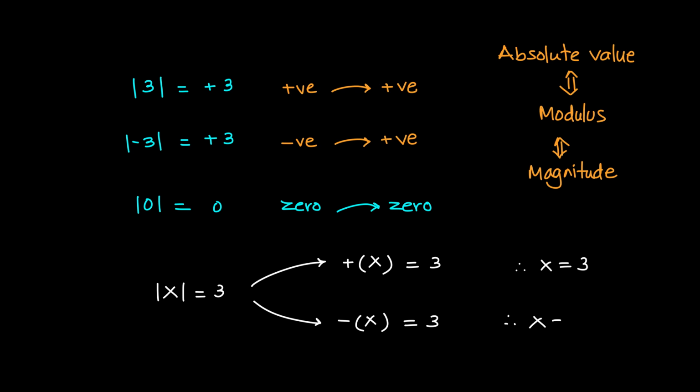In other words, x is negative 3, which makes perfect sense because this is the example that I used. After the modulus, I'm getting a positive. But the thing that I plugged into this function machine could have been either positive or negative. That is why the values of x are positive 3 and negative 3.